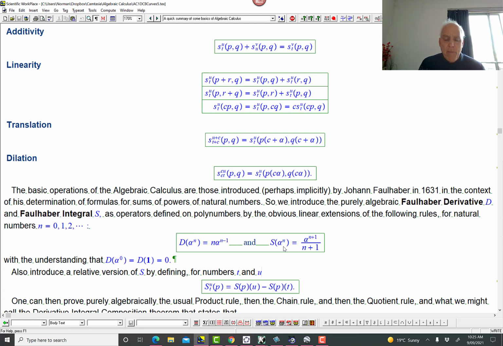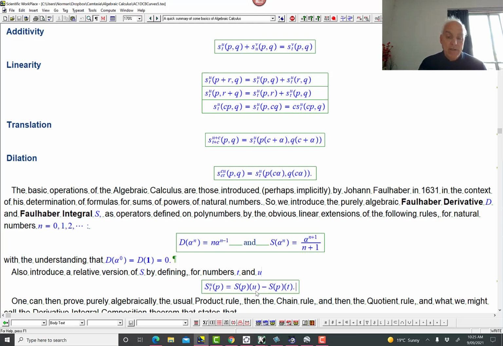This integral operator will also have cause to define a relative version. So if we have 2 numbers, t and u, and there's no necessary connection between their sizes, so t could be less than u or bigger than u or equal to u, we define s sub t super u of p to be s of p at u.